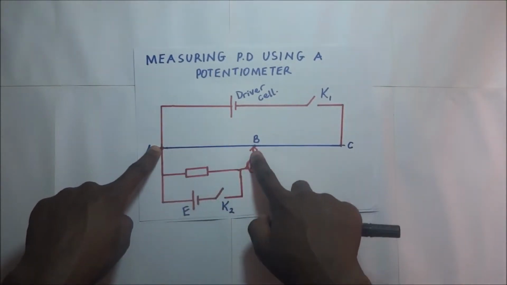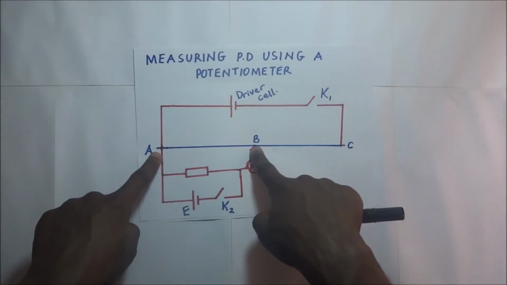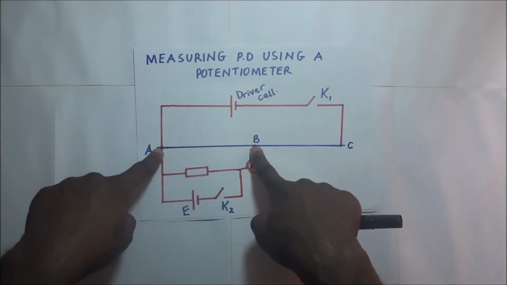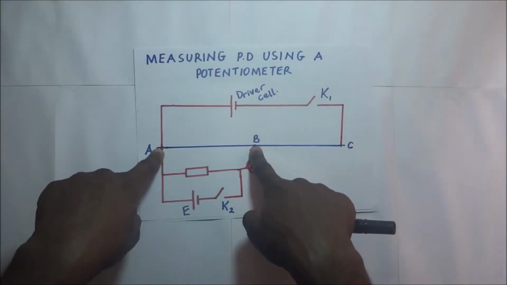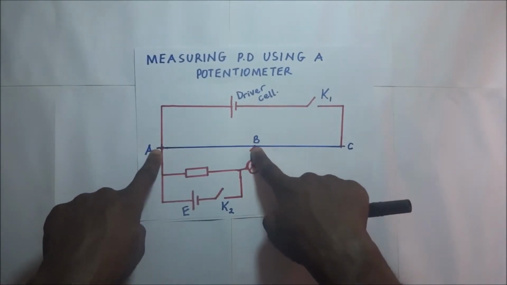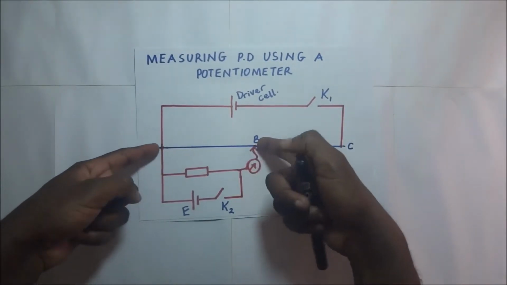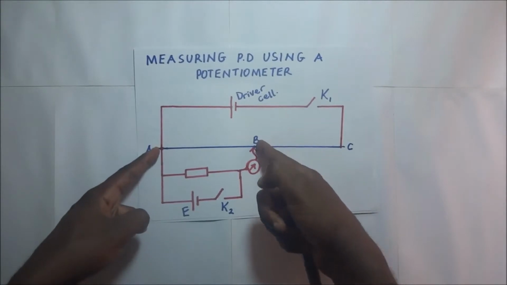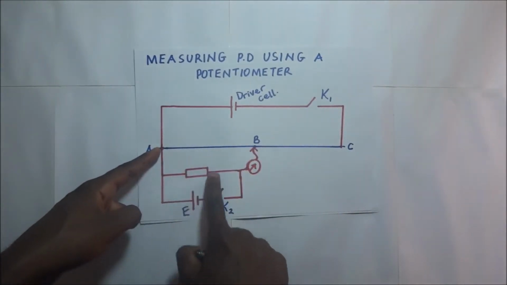Here it means that the potential difference across the portion of the slide wire between the point A and the balance point B will be equal to the potential difference across this resistor.